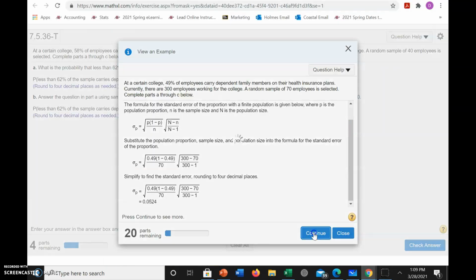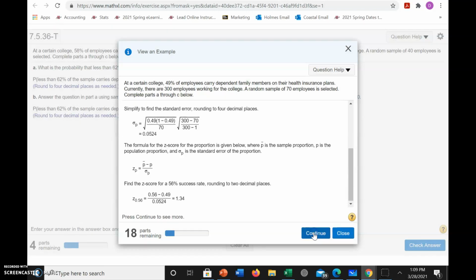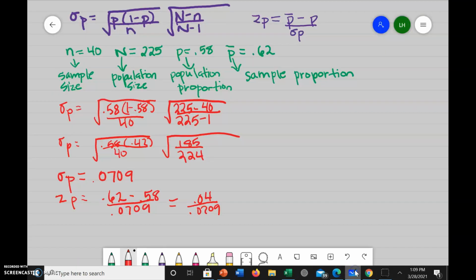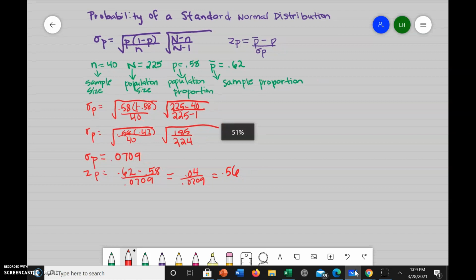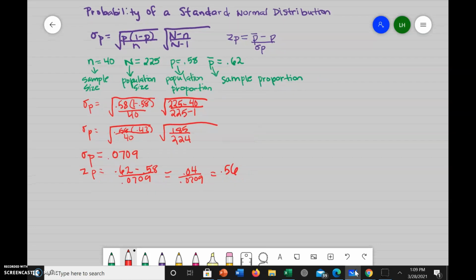Once you have gotten that, let's look at our steps. So there's the formula. Our z-score, we're going to round to 2 decimal places, so that is going to be 0.56. Now we want the probability that z is less than 0.56.